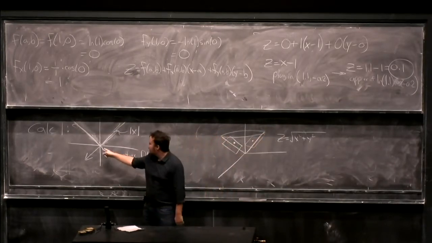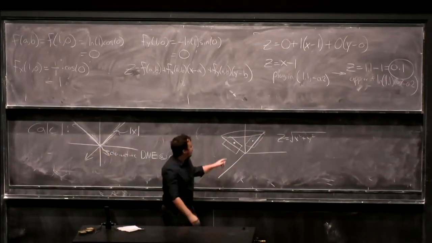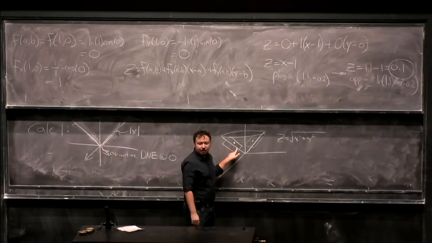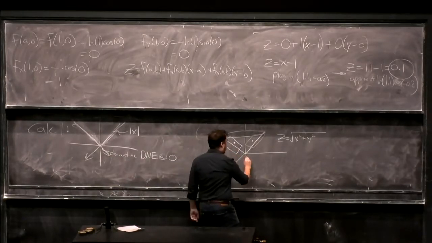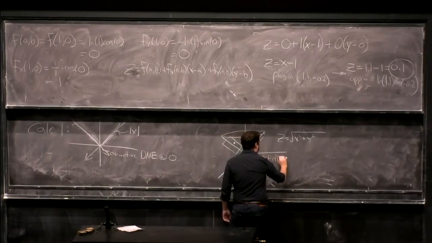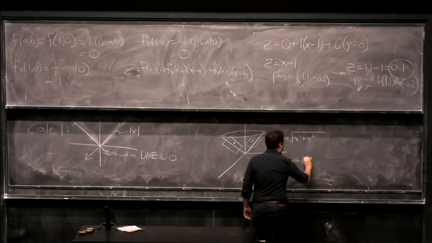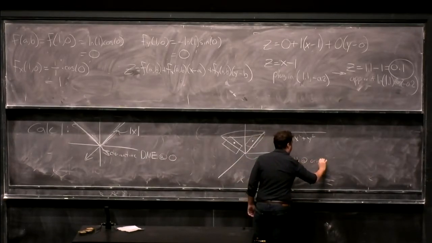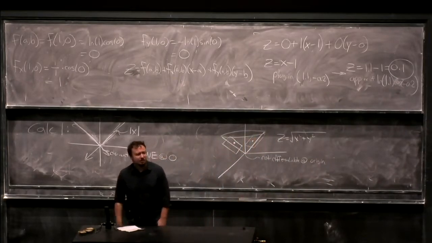And just like the tangent lines couldn't agree right here, the tangent planes over here won't end up agreeing. So this function here is not differentiable at the origin. Kind of like the absolute value of x.